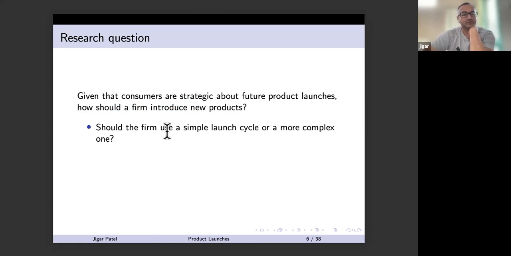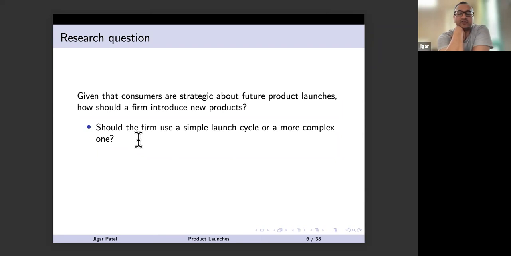Should the firm launch a simple launch cycle or a more complex one? This question of how much innovation is enough innovation so that I can bundle it together and put it in a new product and get as much revenue or profit as possible is an interesting question.